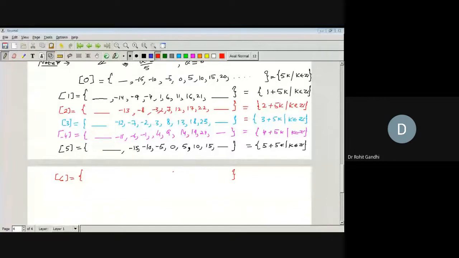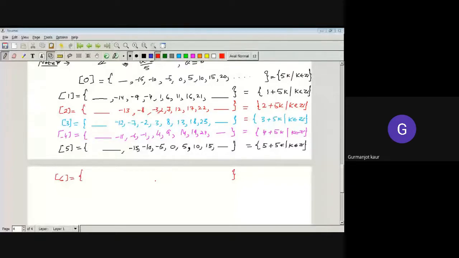Who will tell? Gurleen Kaur. Gurmanjot. Yes, tell me the equivalence class of 6. Sir, -6. Sir, 6 plus 5, 5 plus 6.